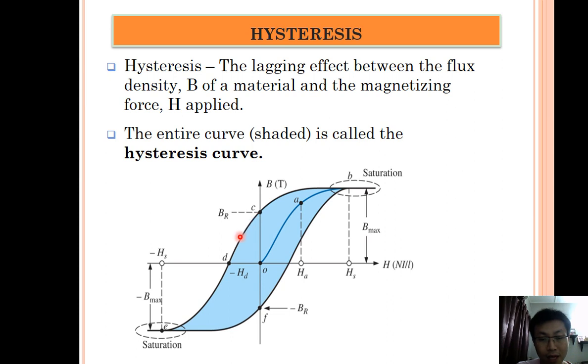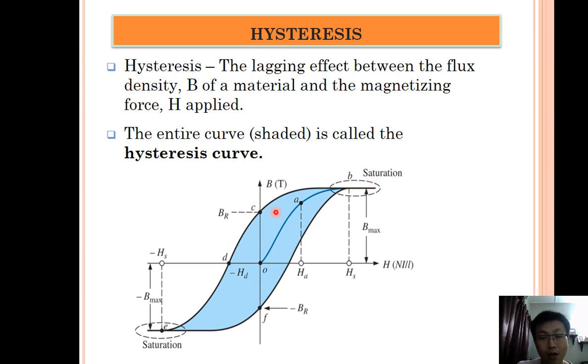Then if I apply a negative magnetic field, B will go to the negative side. Same as well, if I reduce the magnetic field in the opposite direction, it will come back to H is 0. Then when I apply positive H again, B will increase until here.